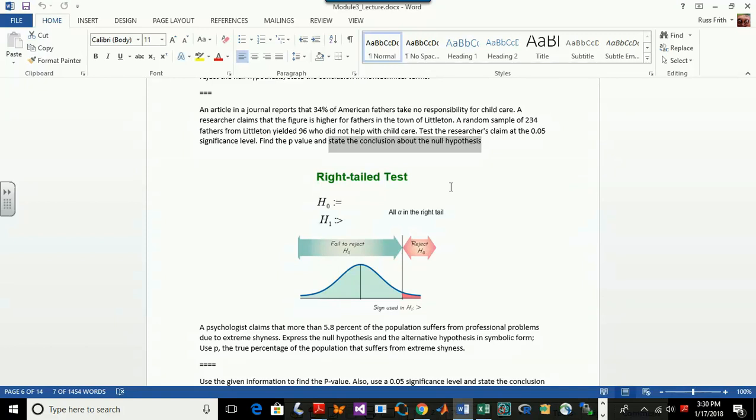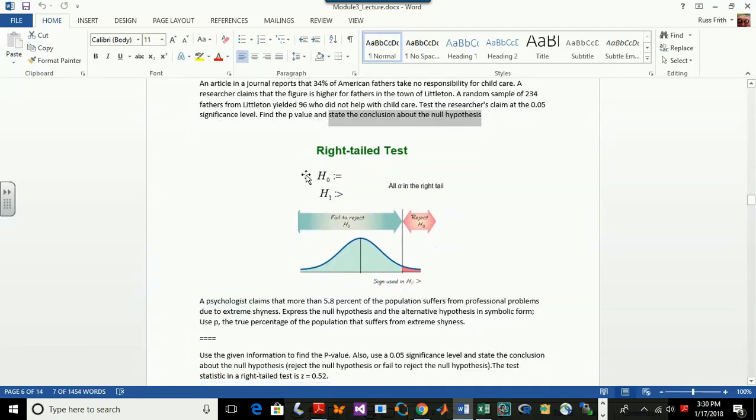There's insufficient evidence to reject the claim. In other words, there is not sufficient evidence to support the claim that more than 34% of fathers are deadbeats in terms of child care, so the alternate hypothesis is not favored over the null hypothesis.